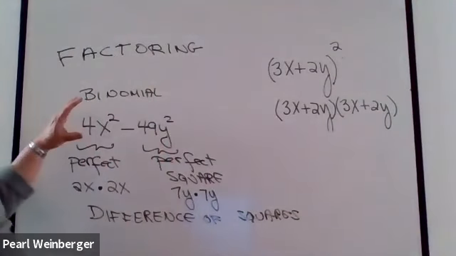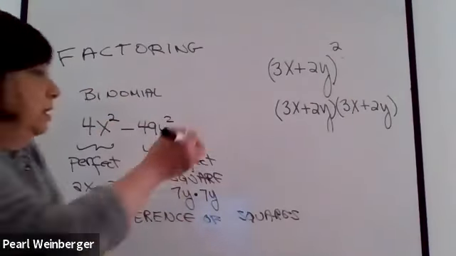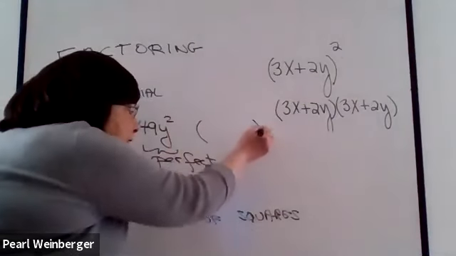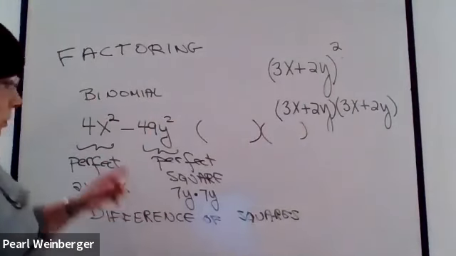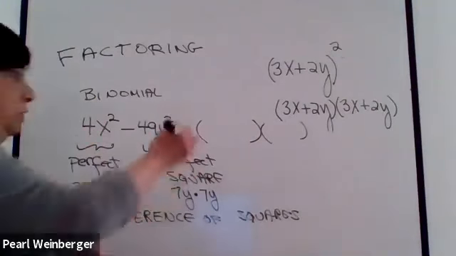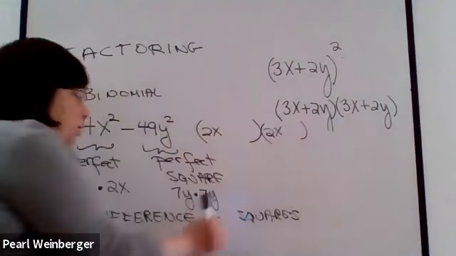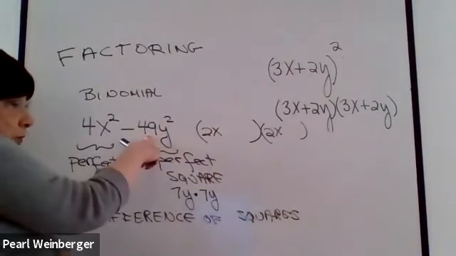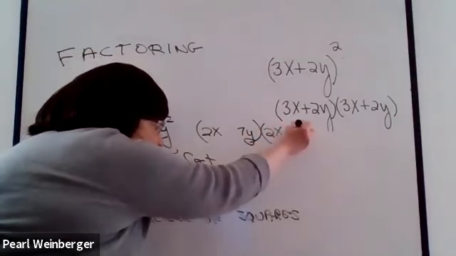Whenever you have a binomial that is the difference of squares, then you could factor it immediately into two binomials that are conjugate binomials. You take the square root of the first term, the 4x squared would give you 2x and 2x. You take the square root of the second term, 49y squared, which is 7y and 7y.